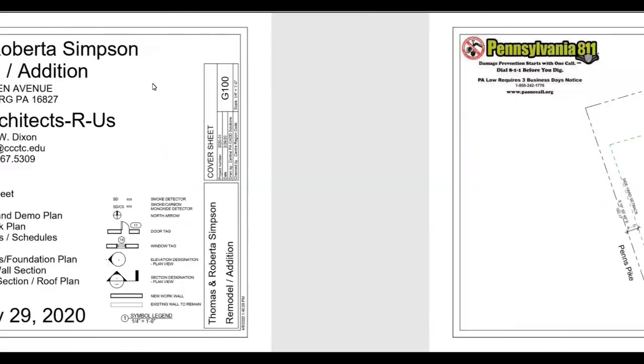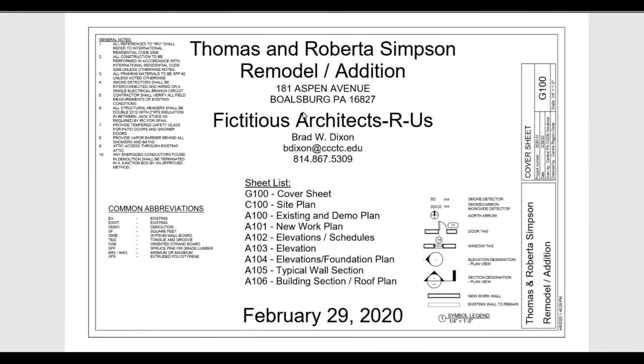So let's start out with our cover sheet. As we had talked about previously, this is a general sheet which contains a lot of different information. A lot of times what you're going to see are the project owners. Project owners in this case would be Thomas and Roberta Simpson.